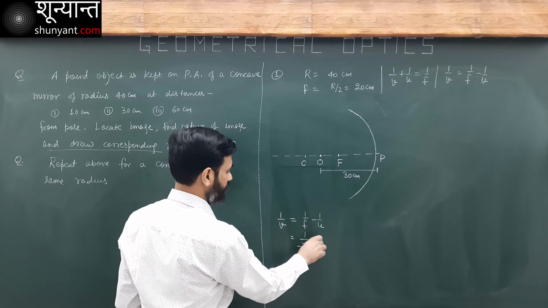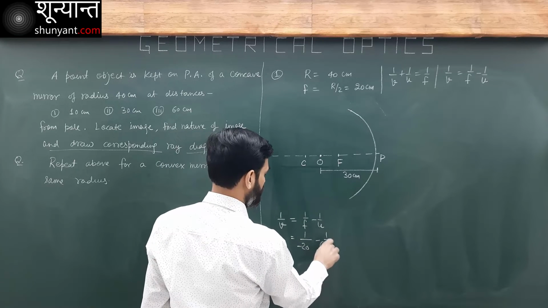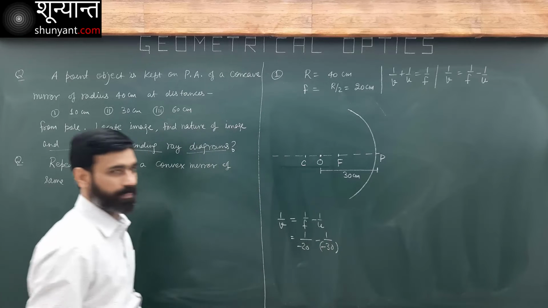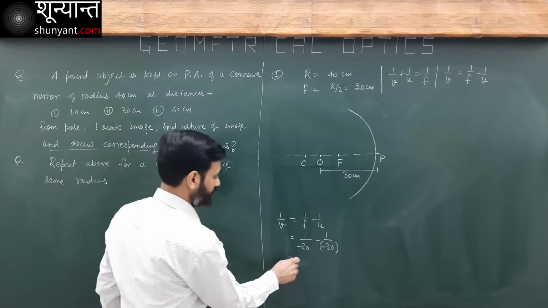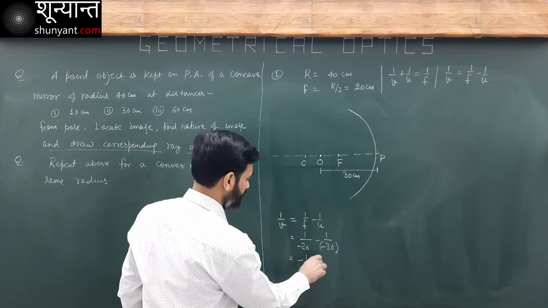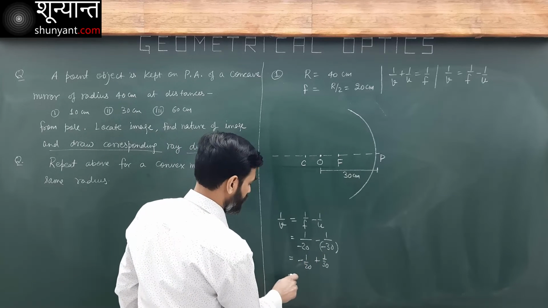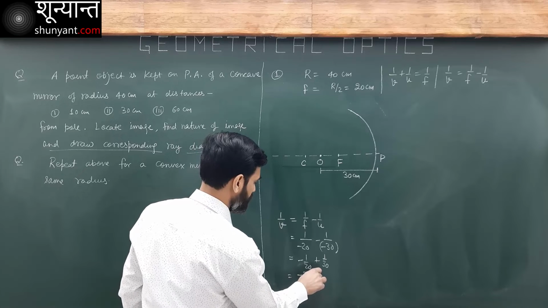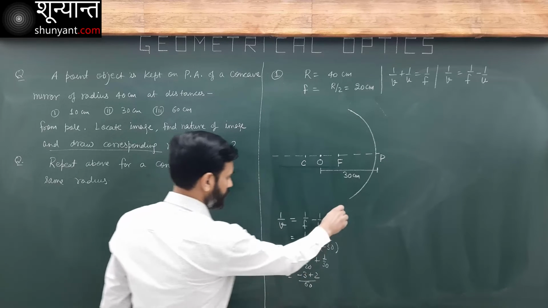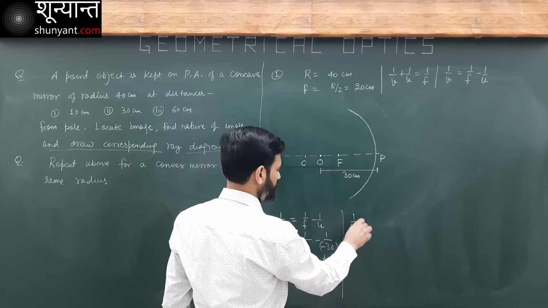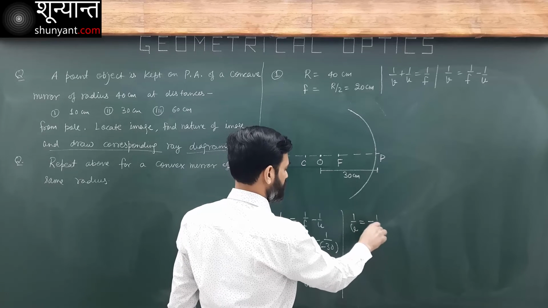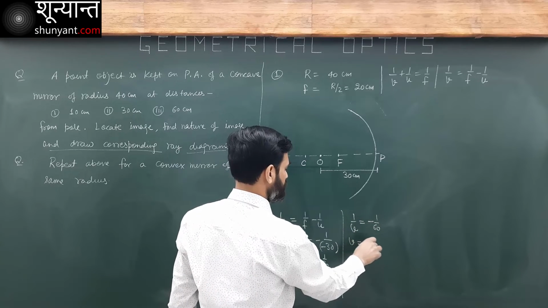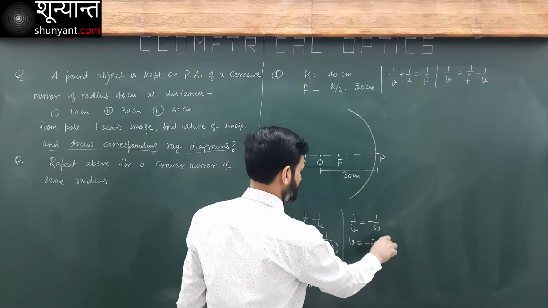Minus 20, minus 1 over minus 30. So this becomes minus 1 over 20 plus 1 over 30. This is 60, minus 3 plus 2. What do I get? 1 over V is equal to minus 1 over 60. V is minus 60 centimeter.